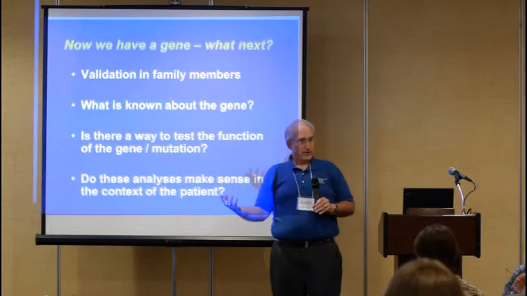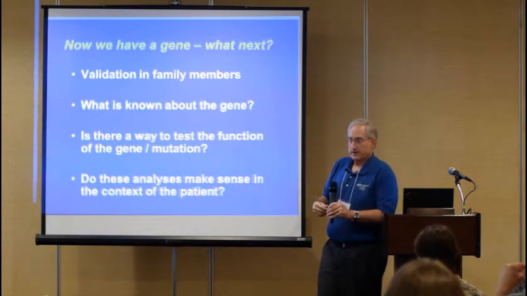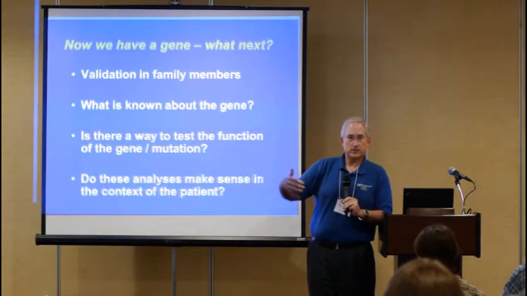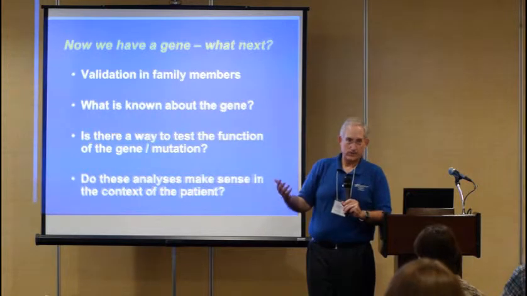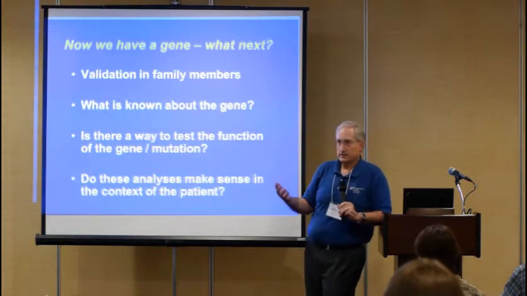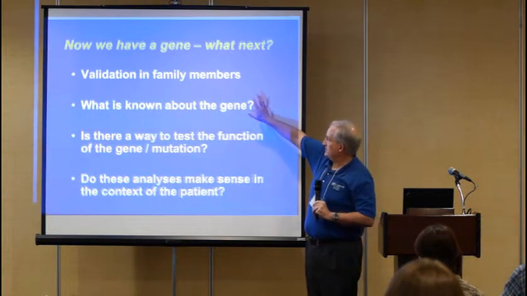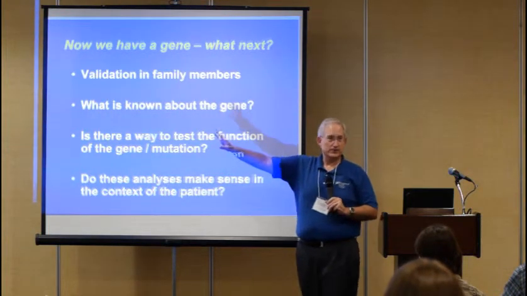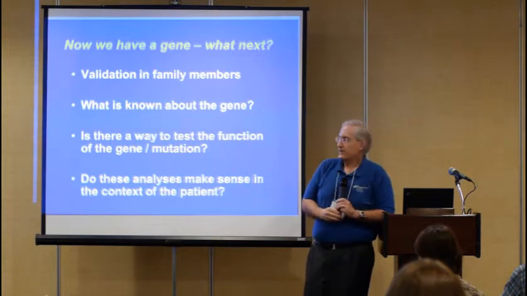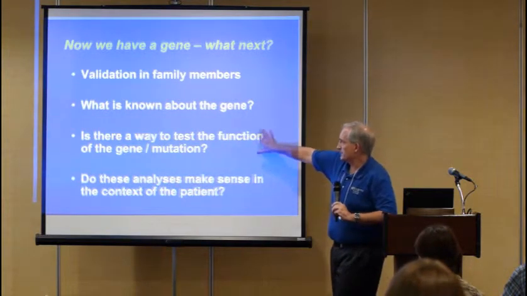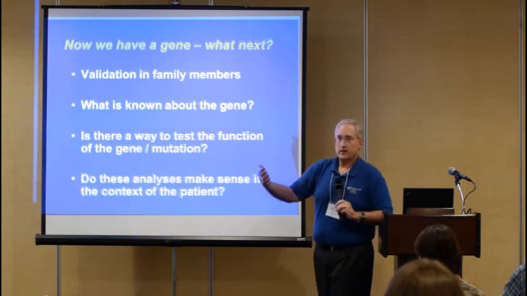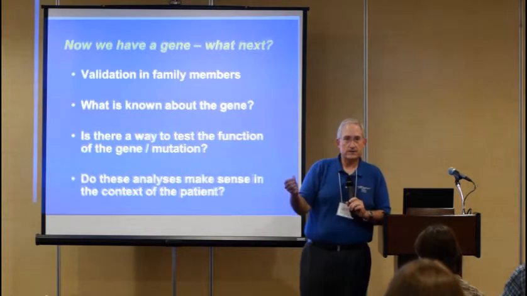And then you're left kind of holding the bag there. And then it becomes even more uncomfortable to tell the families that, okay, we went through all of this and we still don't have any appropriate answer. So if you get lucky, somebody's already done something with the gene and you can find out about it. And if you're even luckier, then you can find a way to test this gene.